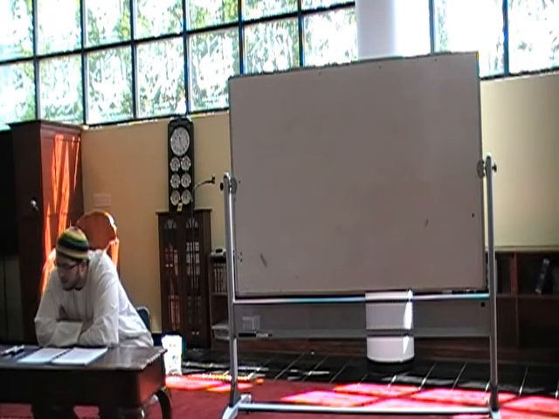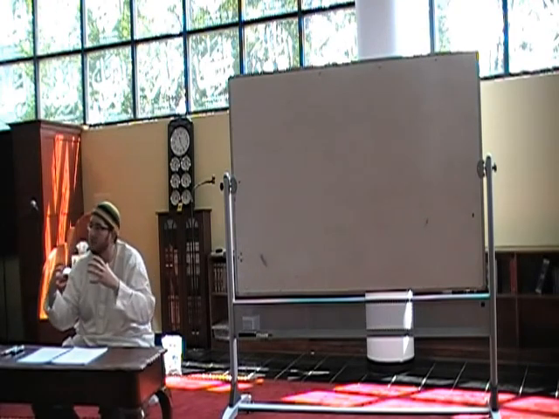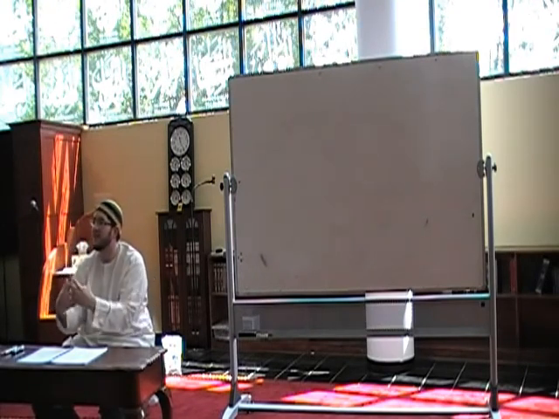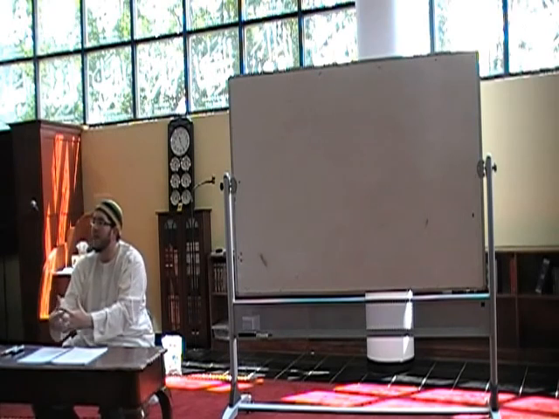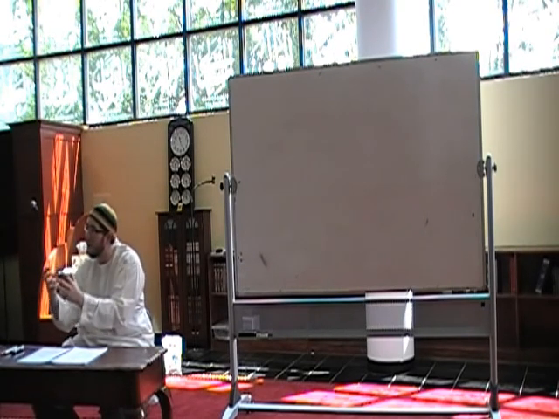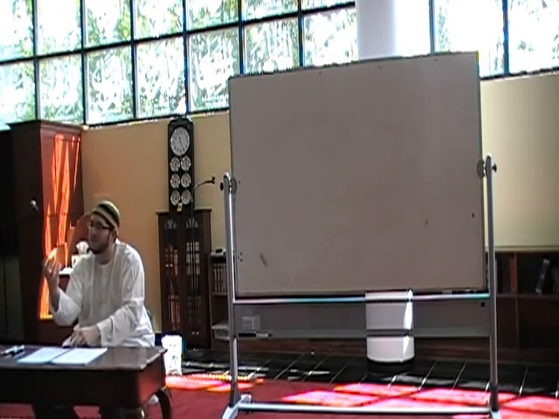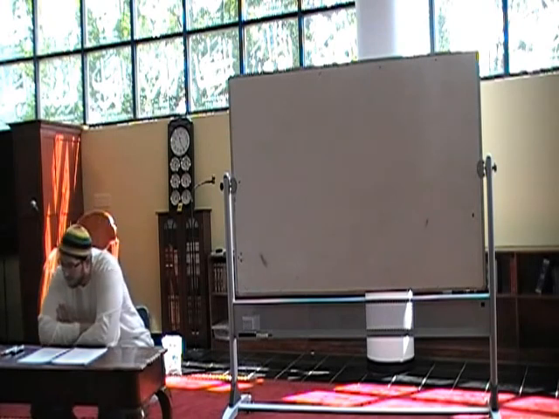Tanzil al-Aziz al-Rahim. Al-Aziz is like the primary description. Allah is al-Aziz, the majestic, the powerful one, and then al-Rahim, the merciful, powerful one. So he has power, but he's also al-Rahim. This is the revelation of him. So that's how you kind of look at it.